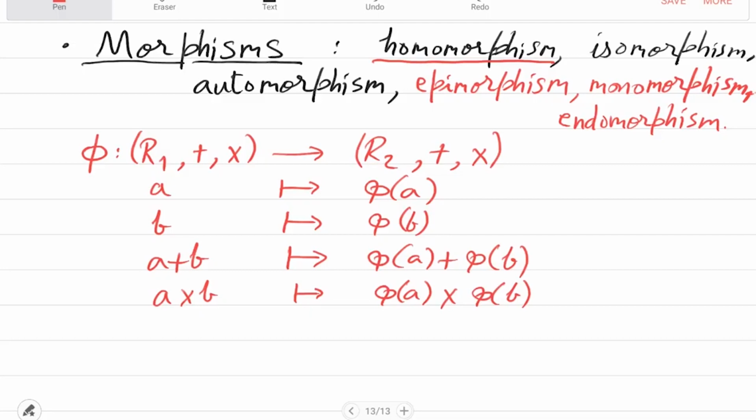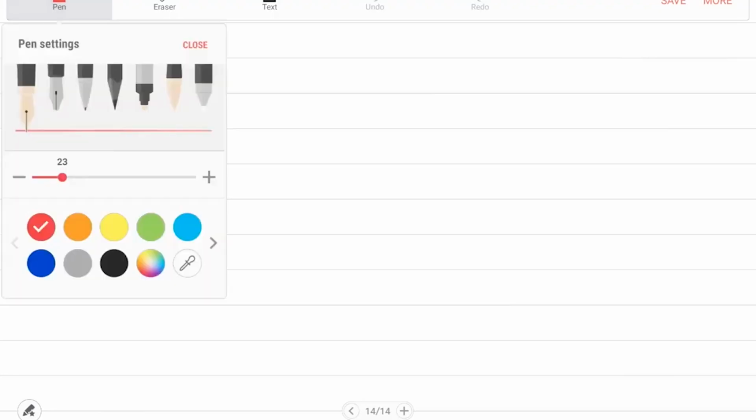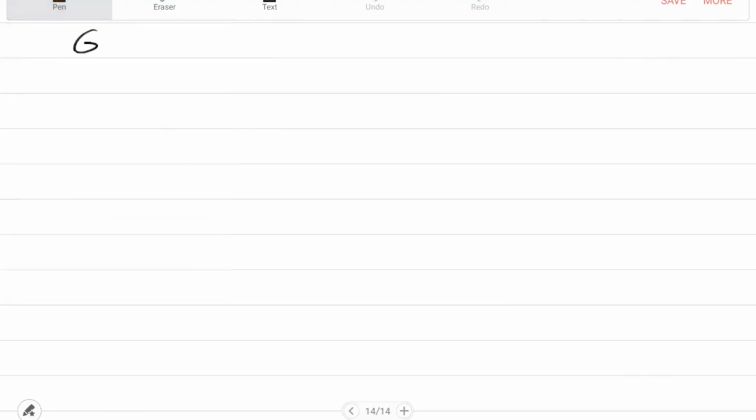Okay, and finally we will define groups. Groups are algebraic objects which are even more relaxed.